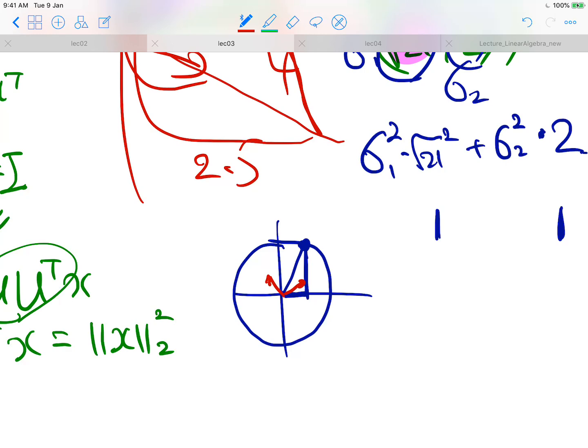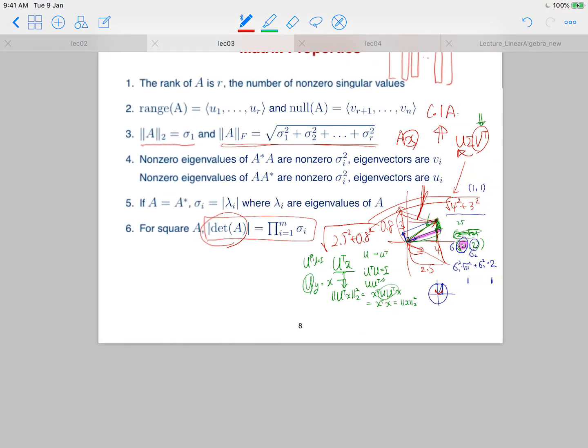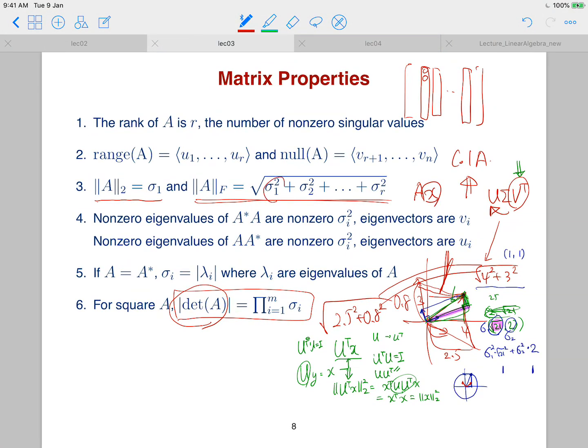But for each of these vector lengths, we individually scale those lengths using our singular values. Then their vector norm will be computed as the squared value of these singular values.